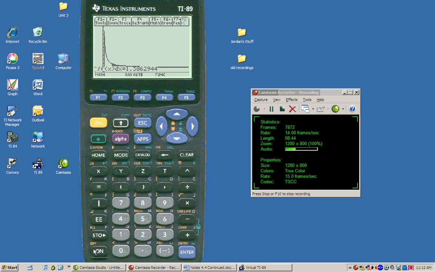If you go back to your home screen and plug in the natural log of 4, which is the second of your x key, and then hit diamond enter to get the decimal approximation, it gives you exactly what we got.